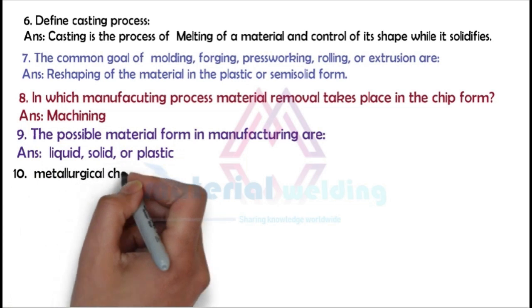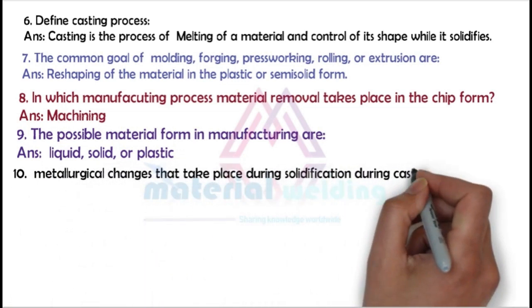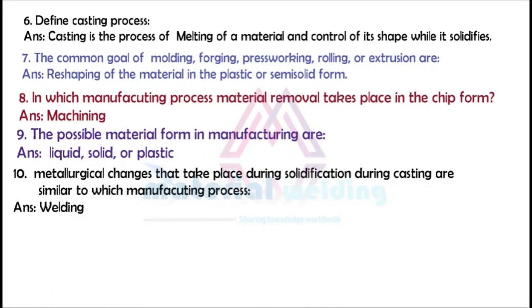Next, metallurgical changes that take place during solidification or casting are similar to which manufacturing process? Answer is welding.